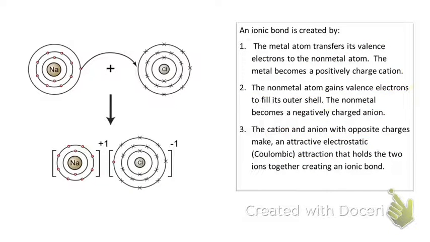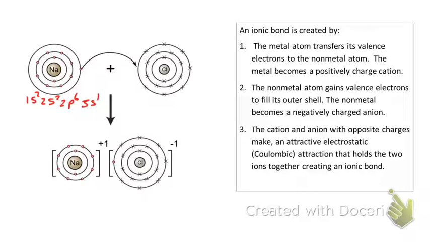All right, so let's take a close look here at our sodium and chlorine atoms. Let's write the electron configuration for sodium. This should be already in your notes, but I'm going to write it here. It's 1s2, 2s2, 2p6, 3s1.